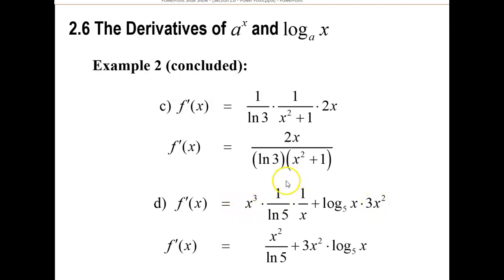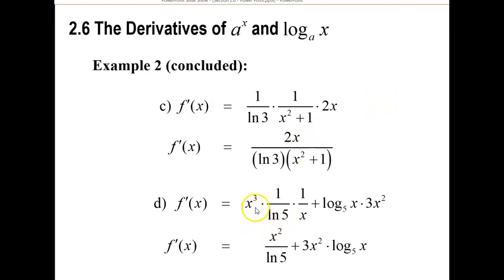So it's the first function times the derivative of the second plus the second function times the derivative of the first, and that's just how the product rule works. By this point, we should be recognizing when the product rule is necessary, when the chain rule is necessary, and when each of those rules we talked about needs to be used.